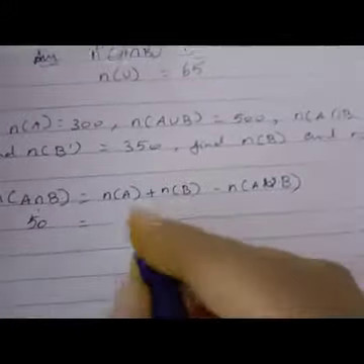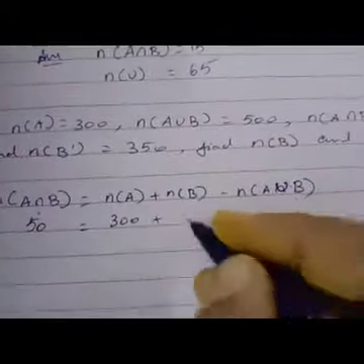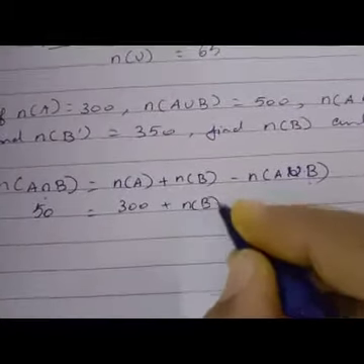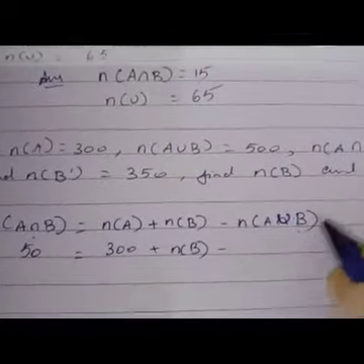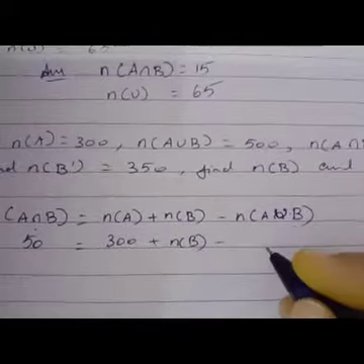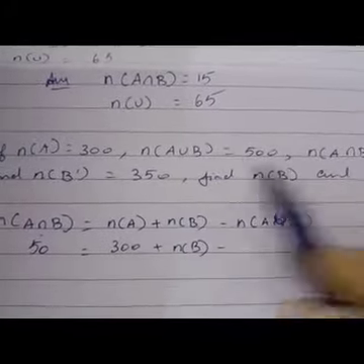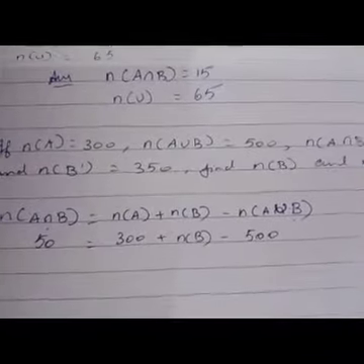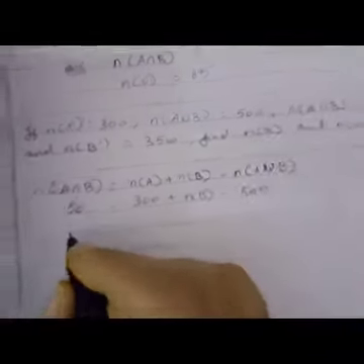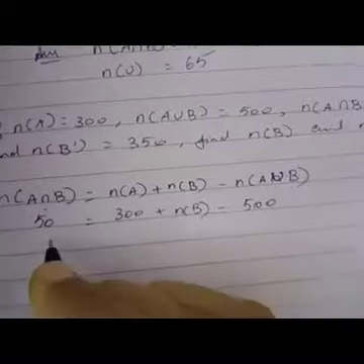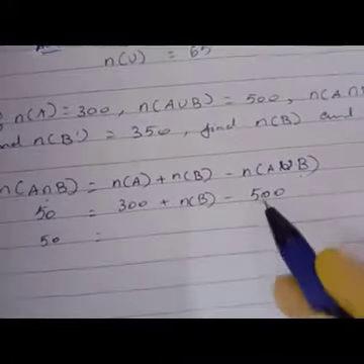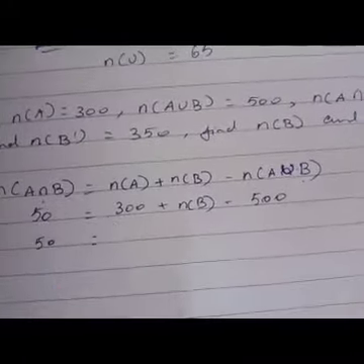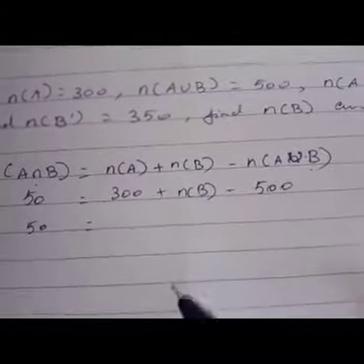50 is equal to n of A is 300 plus n of B, we don't know, so write as it is, minus n of A union B is equal to 500. Okay, so here 50 is equal to minus and plus, which means minus.